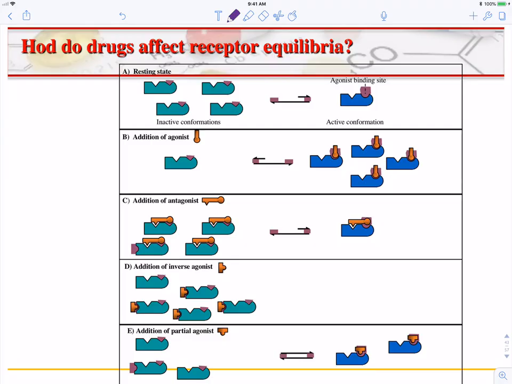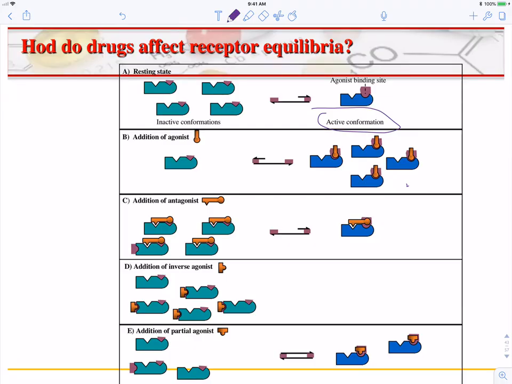And so what the agonist does is basically shift the equilibrium towards the active conformation. And additional agonists will do the same, and so stabilize the active conformation. Antagonists, on the other hand, stabilize the inactive conformation of the receptor by various mechanisms.